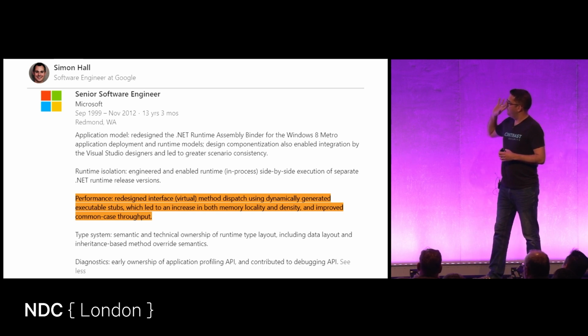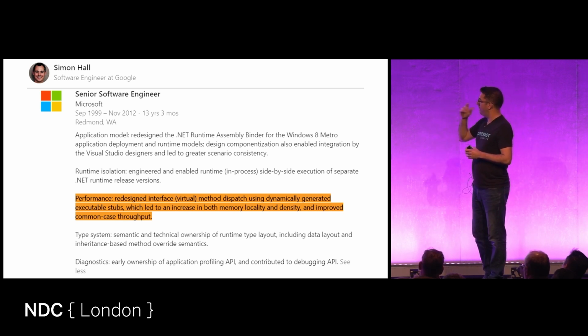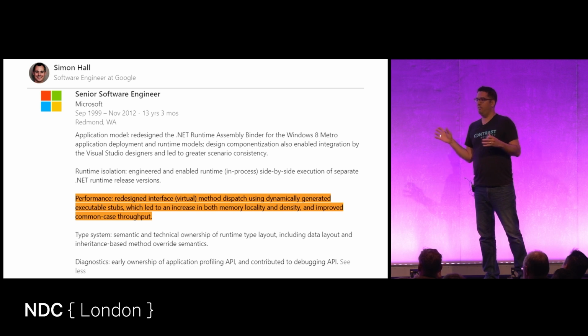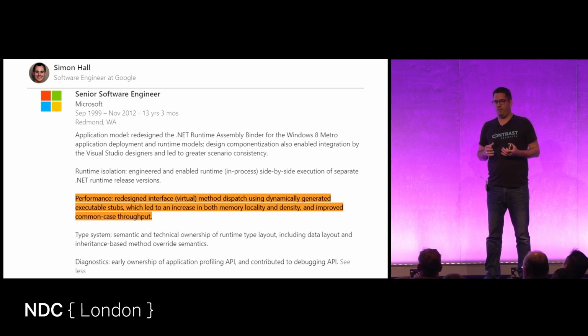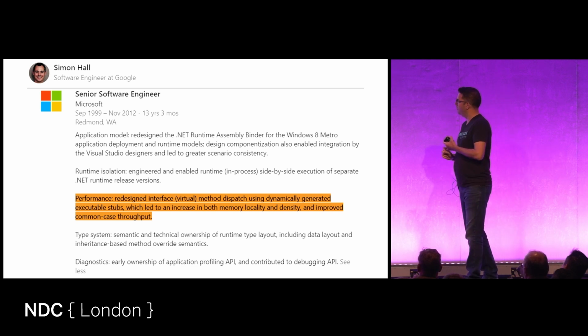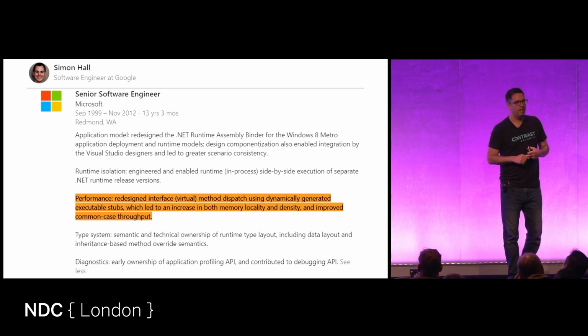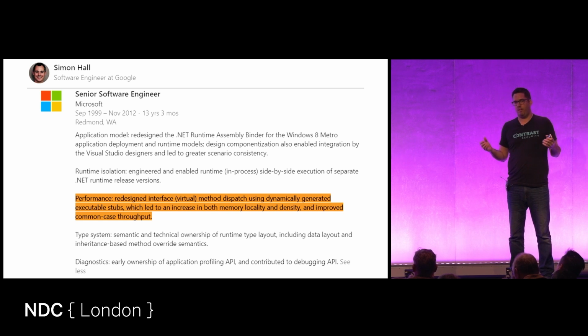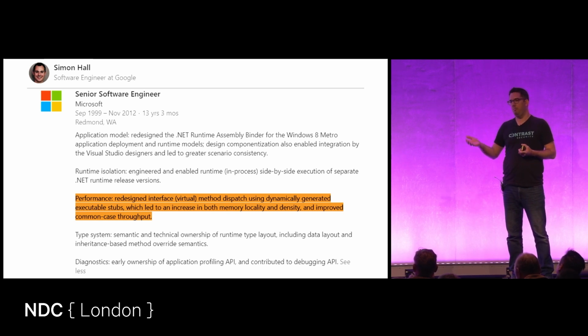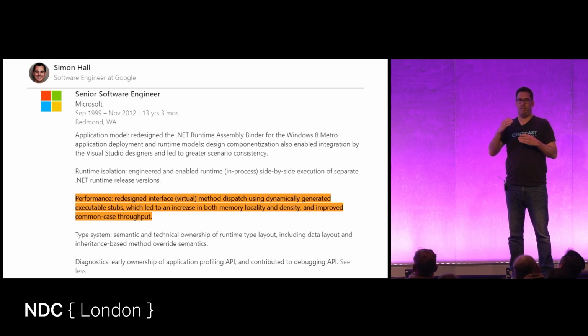In the .NET 2 timeframe, they redesigned it. And this is the sort of stuff that the runtime engineers have to worry about, right? There's a trade-off: performance, but also memory locality, memory density. If they had something that made all our code run faster, but every time the .NET app started up it used twice as much memory, then we'd probably be a bit annoyed, right? So they have to make these trade-offs.